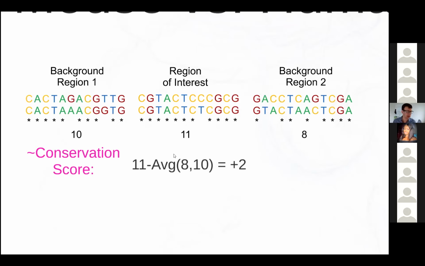My region of interest has 11 identities, and you subtract the average background rate, which in this case is 9. So this might have a conservation score of +2, meaning that you see 2 more identities than you'd expect in the background rate. And so this region of interest may be slightly better conserved.